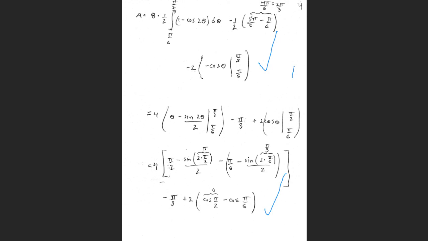So you really have to make use of your organizing symbols to keep everything straight. And now we just continue the problem.